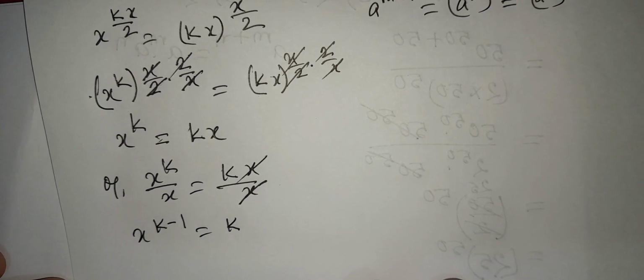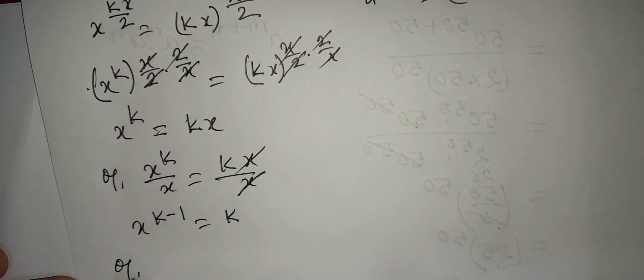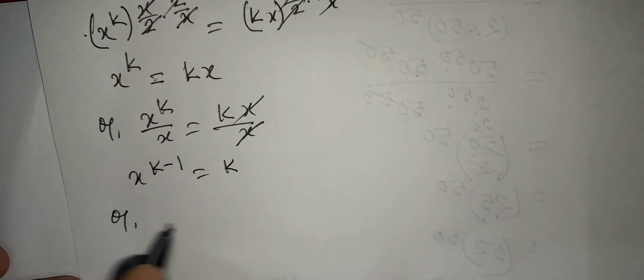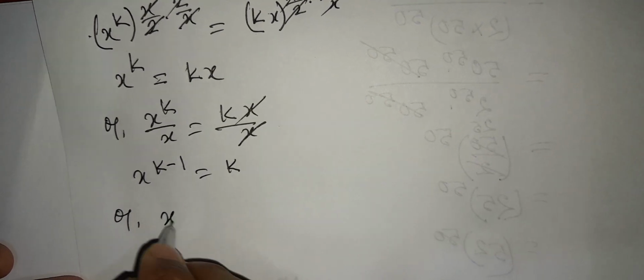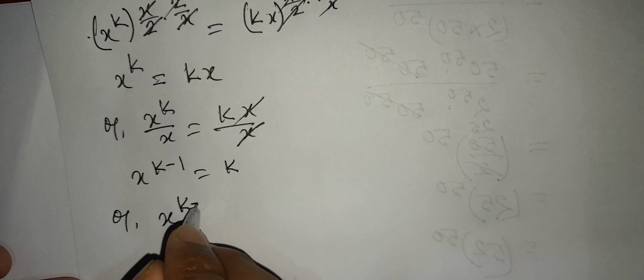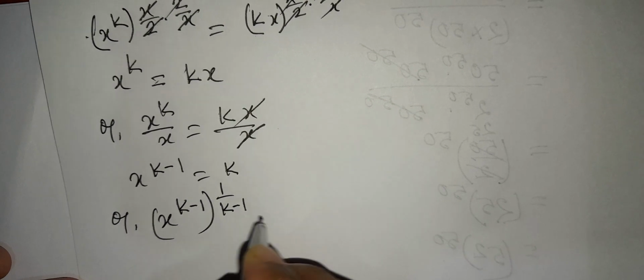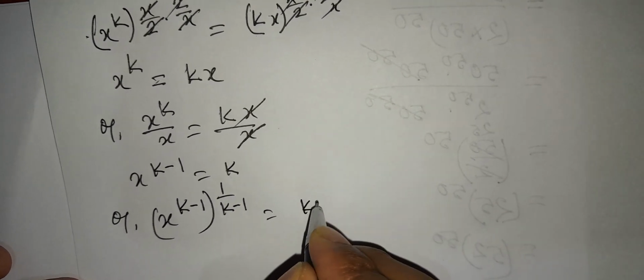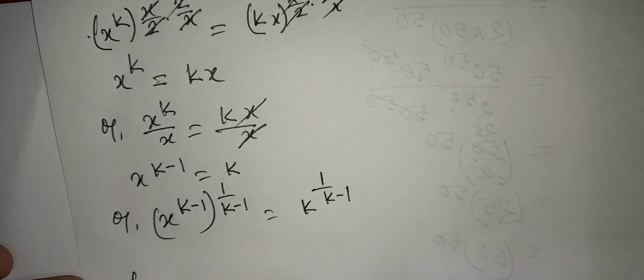Okay, and we increase the power 1 by k minus 1, x to the power k minus 1 by k minus 1 equal to k to the power 1 by k minus 1.